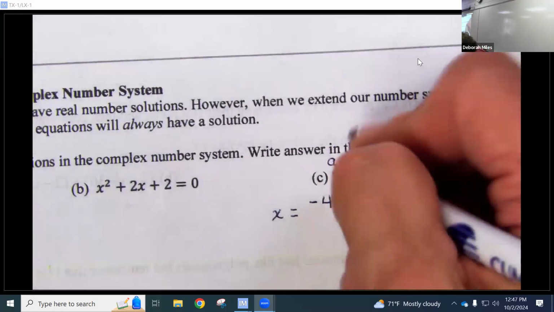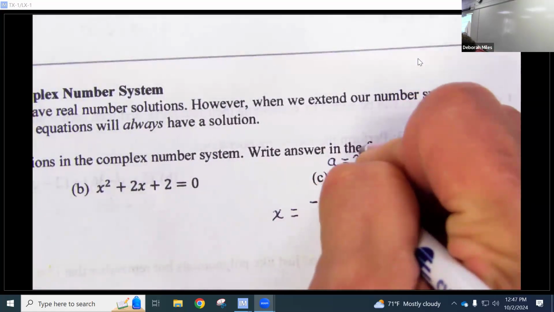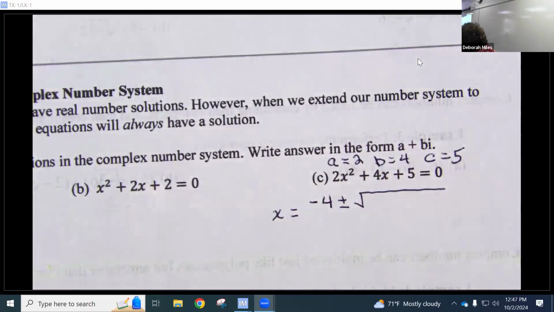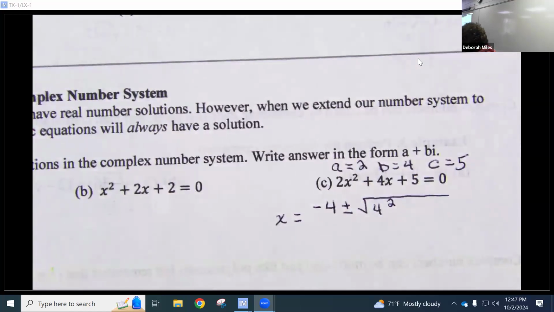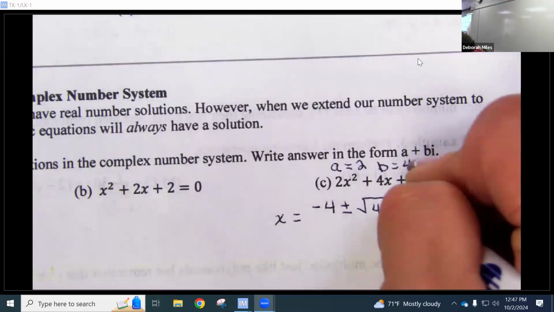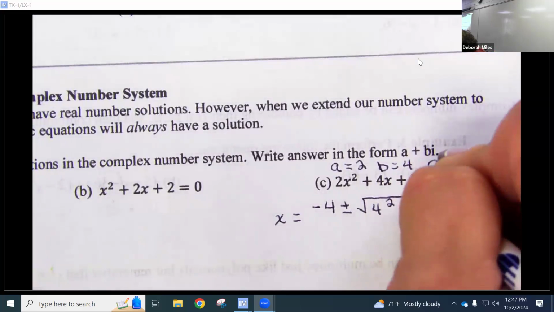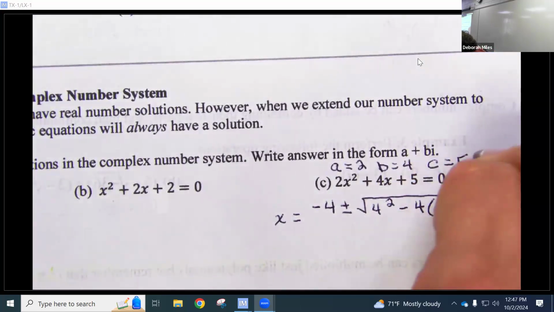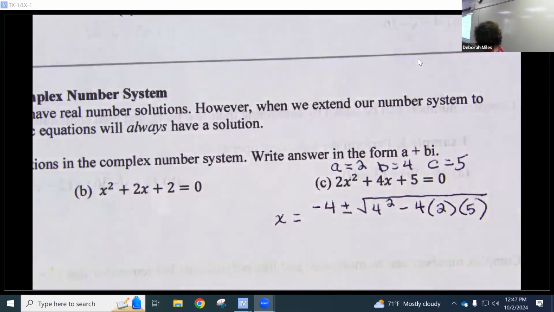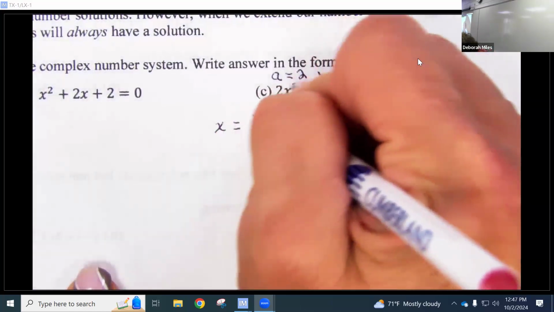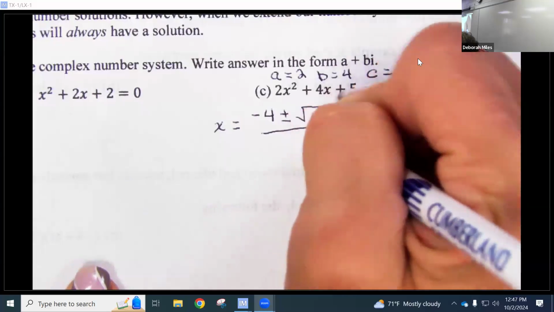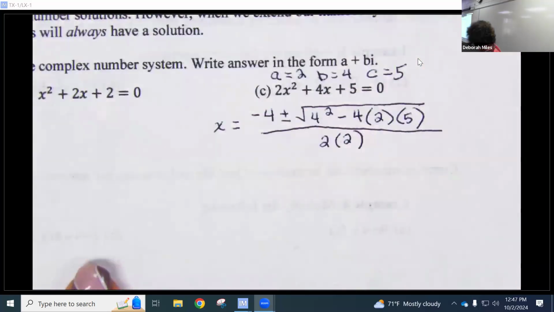The opposite of B plus or minus the square root of B squared minus 4 times A times C, all divided by 2 times A.